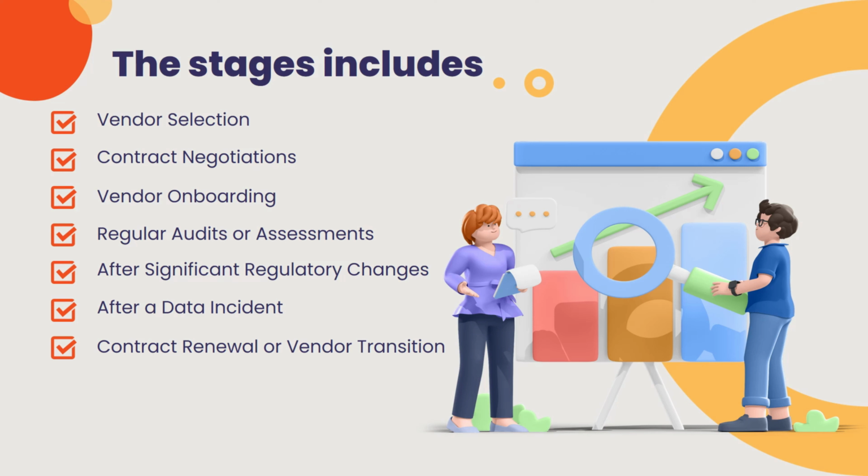And the last one is the contract renewal or vendor transition stage. Before renewing a contract with a vendor or transitioning to a new vendor, review the mapping to assess the current vendor's performance and determine any new requirements or changes for the future. Let's move on to the next topic.